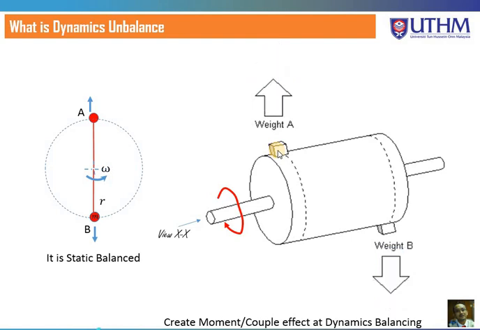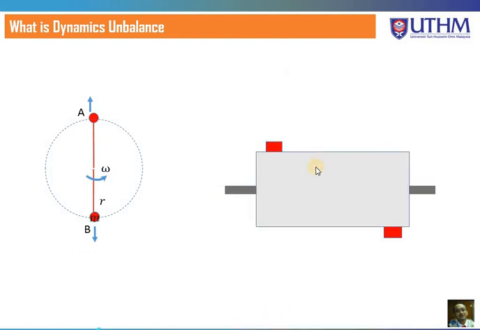Let's say this is 100 grams. So by looking at view XX, the system is in static balance, but not in a dynamic system because it creates a couple or moment effect.